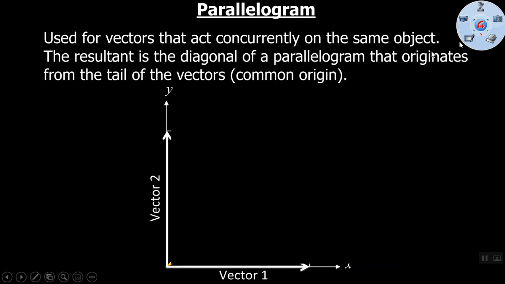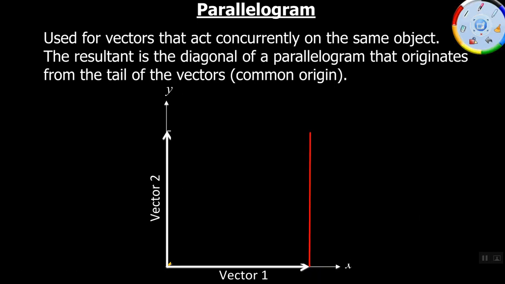Now what I do is, where vector 1 ends, I draw the same height as vector 2, and where vector 2 ends, horizontally I draw the same height, and I form a parallelogram.